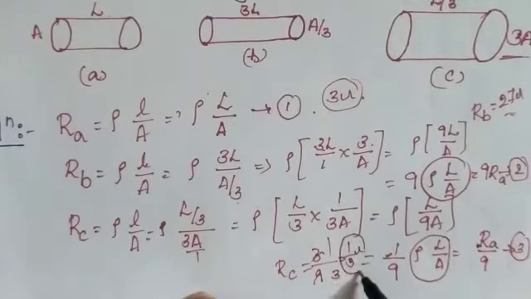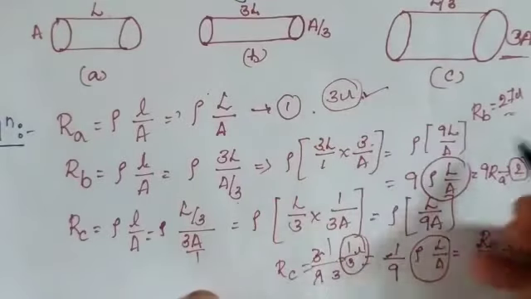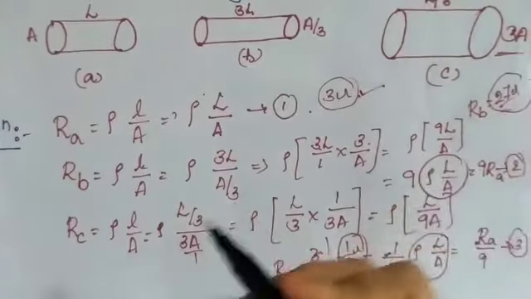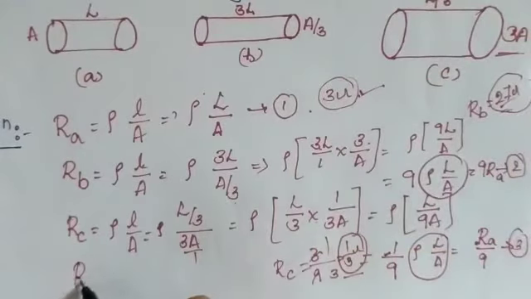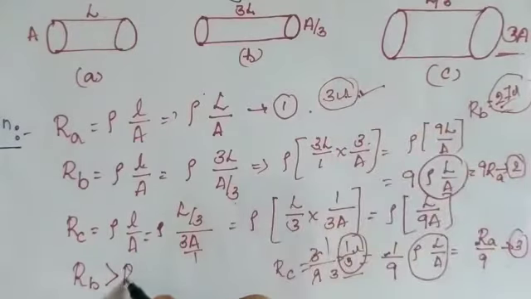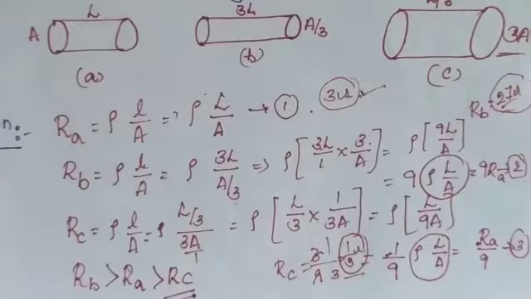If we compare, Ra is 3 ohm, Rb is 27 ohm and Rc is 1 by 3 ohm. That means Rb is the highest resistance. So Rb is greater than Ra, which is greater than Rc. This is how we represent the comparison of Ra, Rb and Rc.